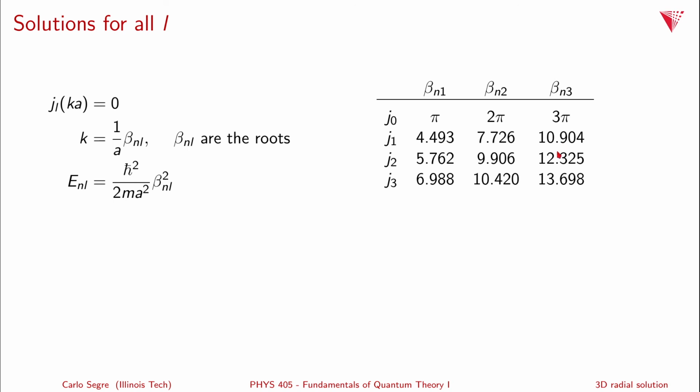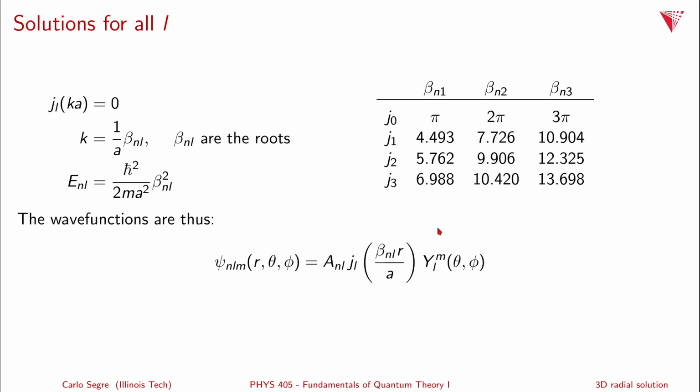The first root is very simple, right? Because that's just a sine. For j sub 1, the first root is 4.493, then the second root 7.726, and so on. And you can see these are a little bit bigger than pi and 2 pi and 3 pi. And for j2, the roots push out a little bit further, and for j3, the roots push out even a little bit further.